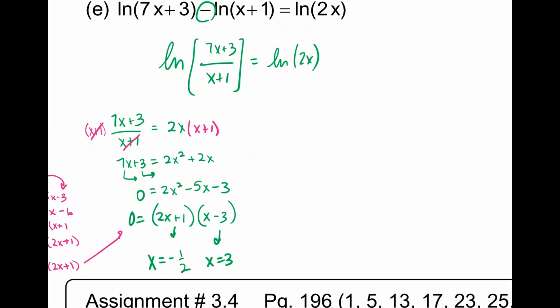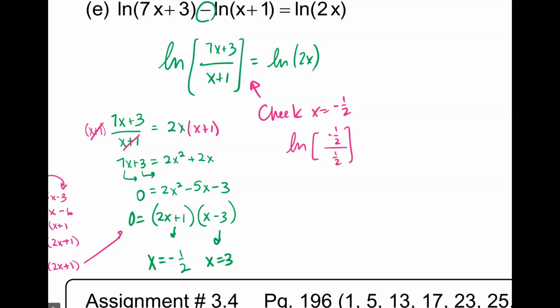we got to make sure we're okay. So I'm going to check x equals negative 1/2, and I'm just going to plug it into this guy. So ln of, let's see, negative 1/2. So 7 times negative 1/2 is negative 3.5, plus 3 is negative 1/2, over 1/2.